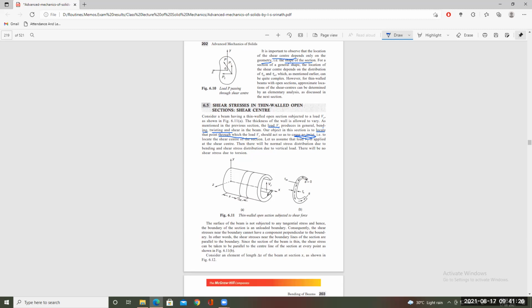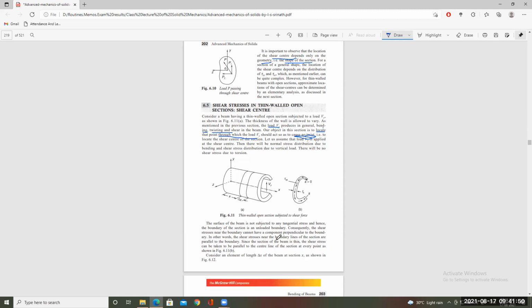Only the longitudinal forces act over the beam itself. Now, the shear stresses near the boundary cannot have a component perpendicular to the boundary itself.